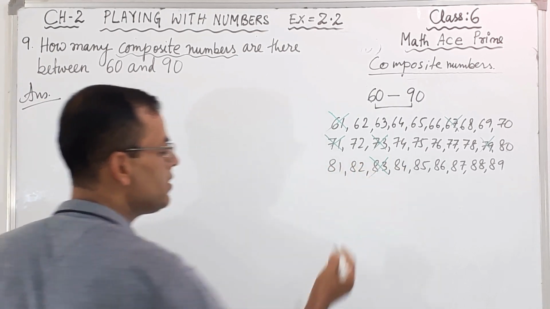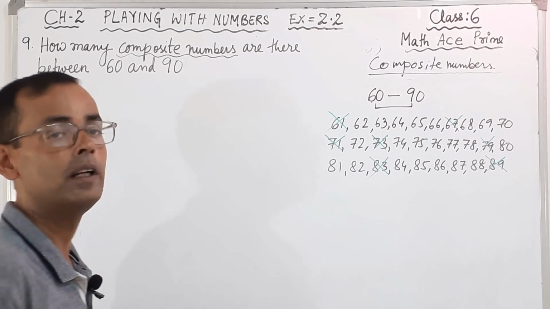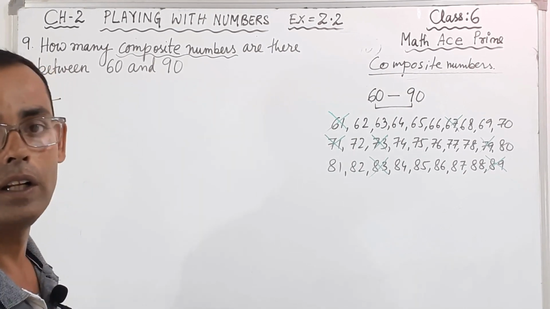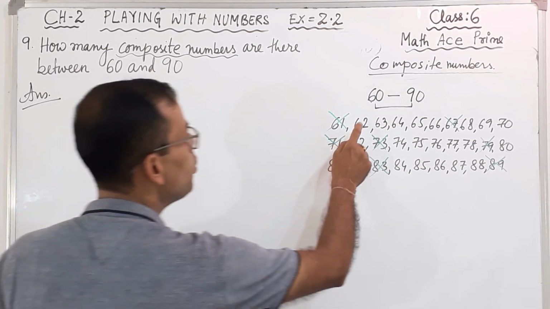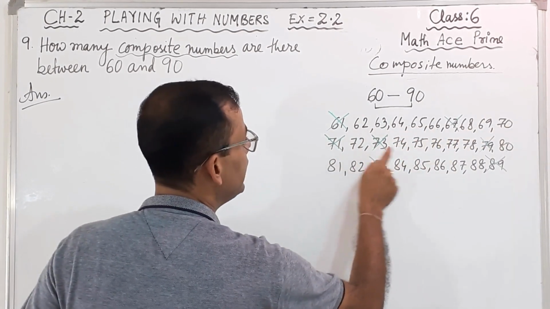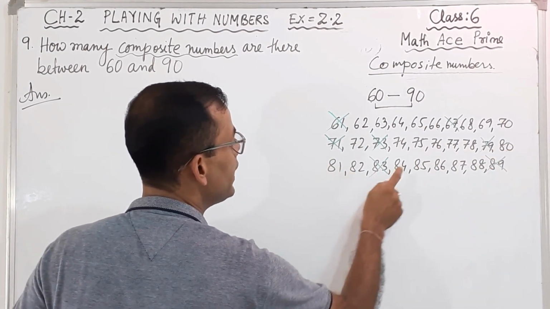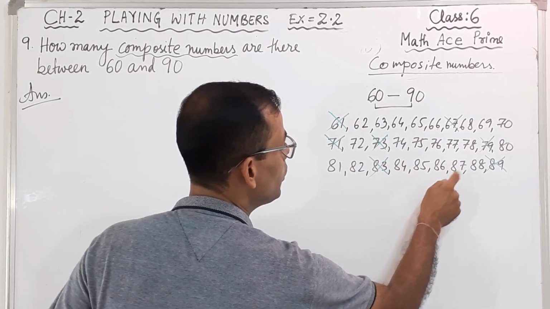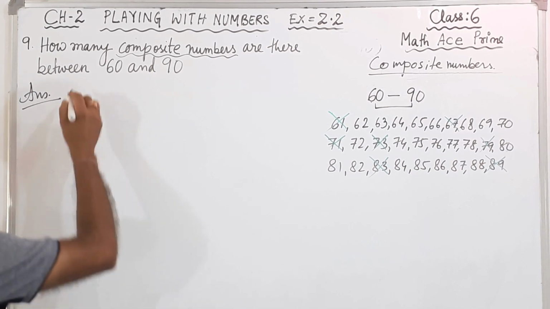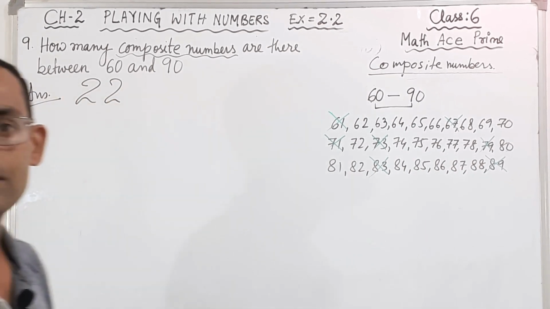Then 83 is also a prime number, then 89 is also a prime number. Now which are left? They are only composite numbers. So see, 1, 2, 3, 4, 5, 6, 7, 8, 9, 10, 11, 12, 13, 14, 15, 16, 17, 18, 19, 20, 21, 22. So how many are there? 22. And this is the answer.